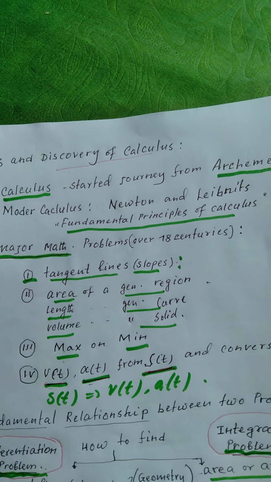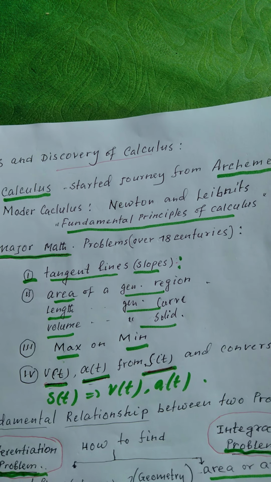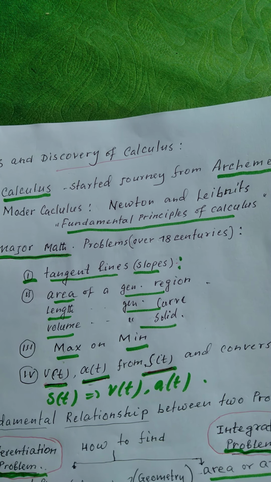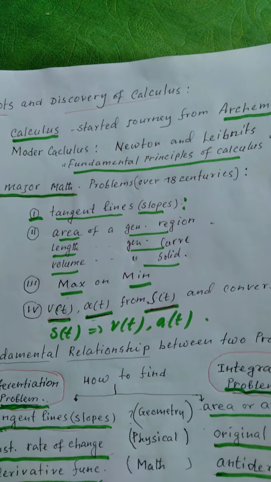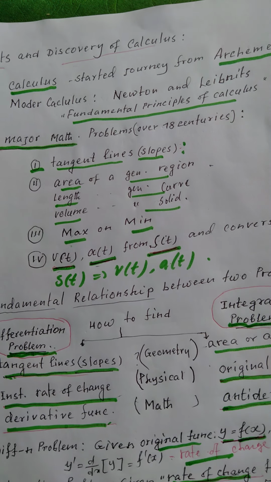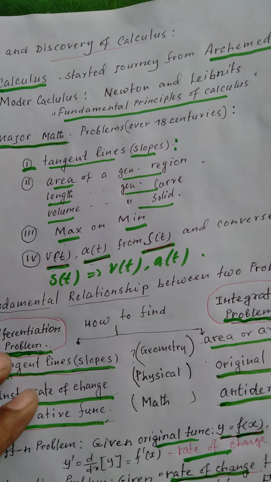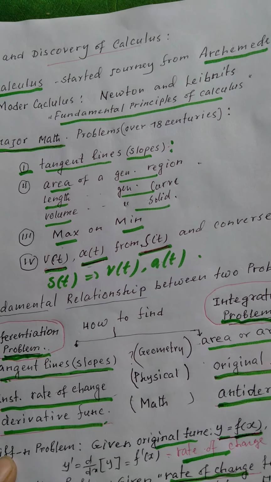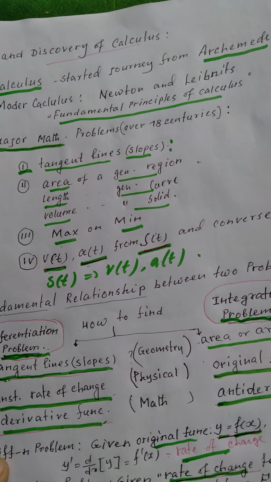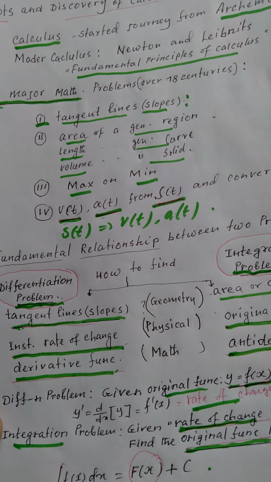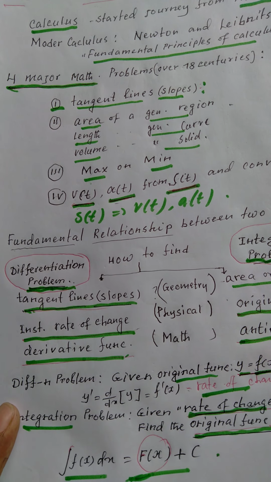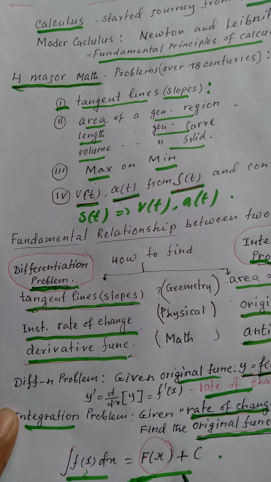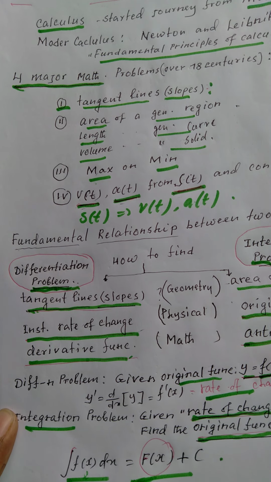And the question for integration is to find the original function, and that is capital F of x, which is the antiderivative function. So we have to integrate the rate of change function. We get the antiderivative function, which is capital F of x. So the rate of change function is given, and we integrate to find capital F of x.